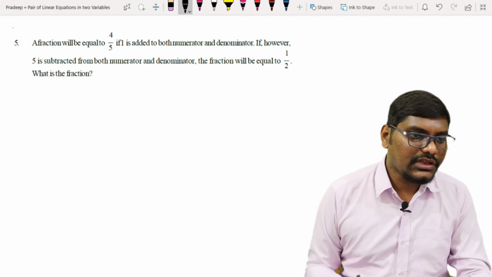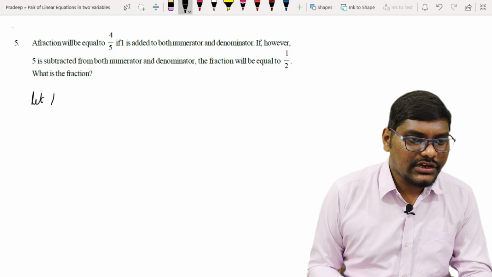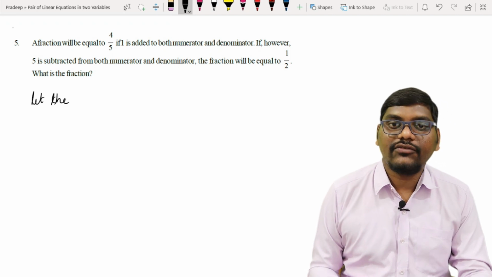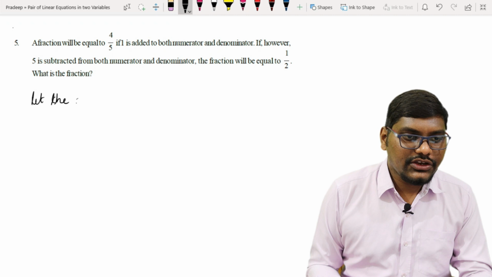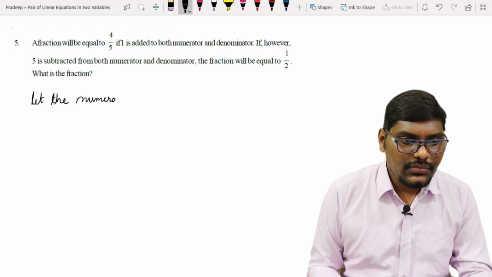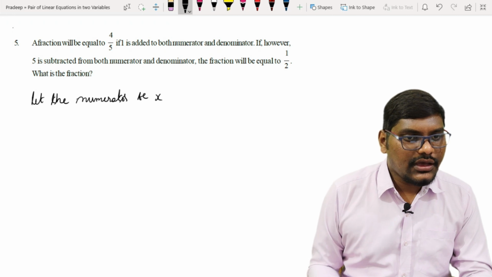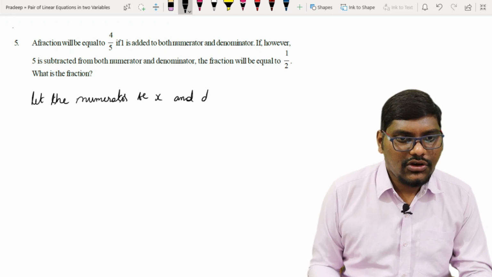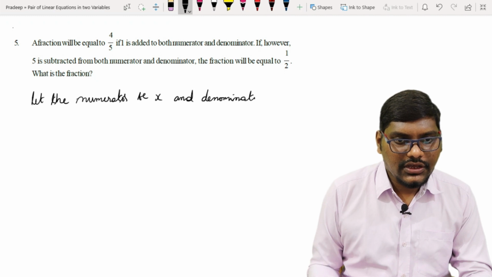So first we will frame the equations. For that we can write the numerator and denominator as x and y. So I can write, let the numerator be x and the denominator I'll take as y.